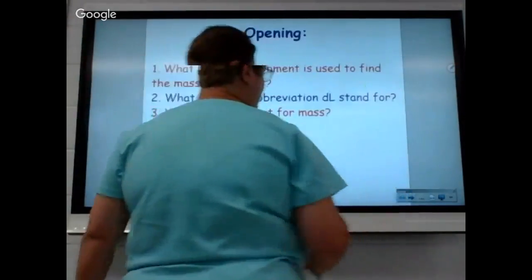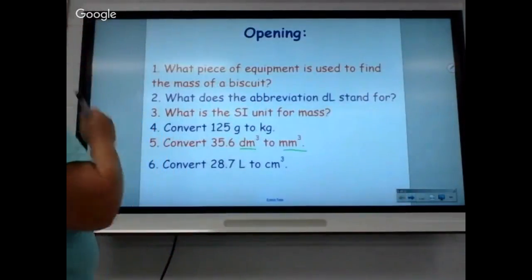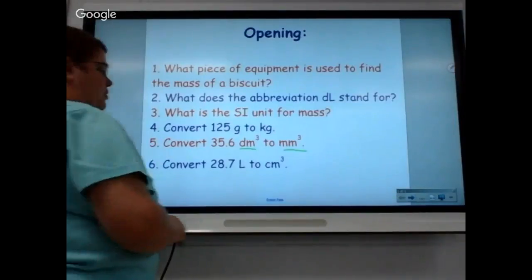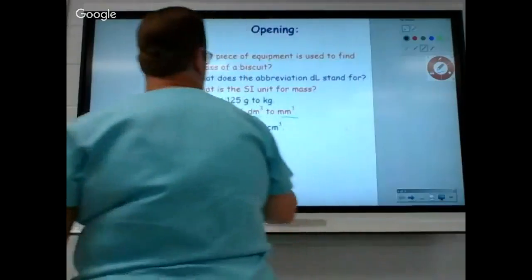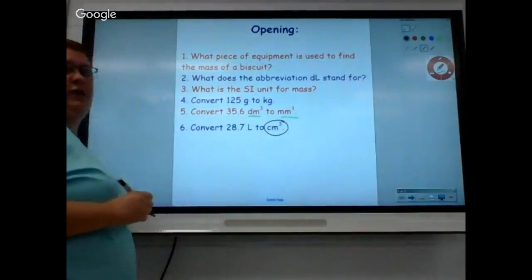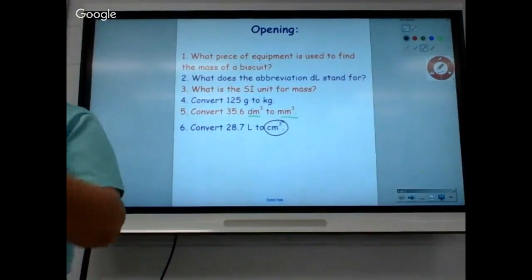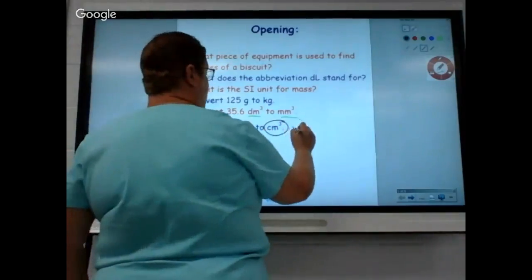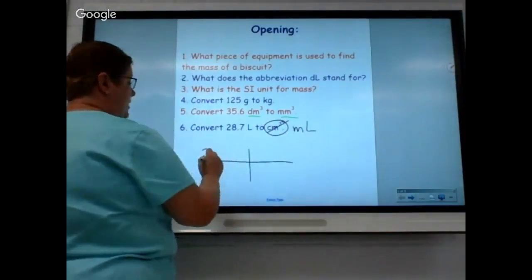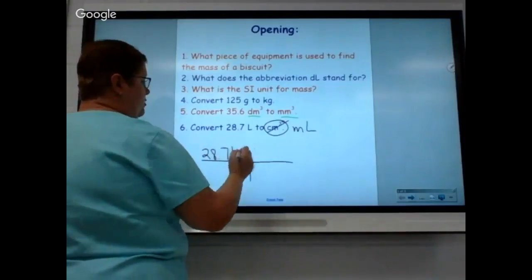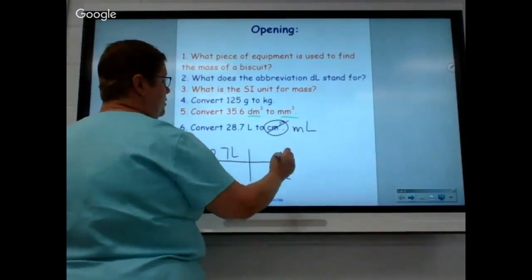All right, in the last question, you had 28.7 liters, and you had to change it to centimeters cubed. So, if we look at that one, what do we know about a centimeters cubed from yesterday? It has to be milliliters, right? It's one and the same. So, 28.7 liters, liters to milliliters.